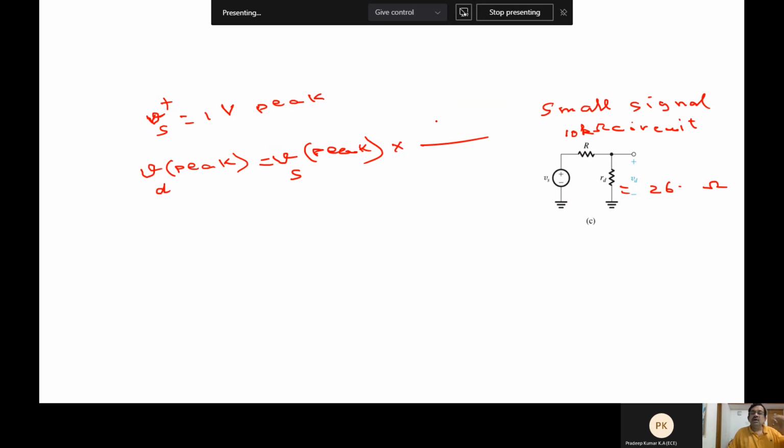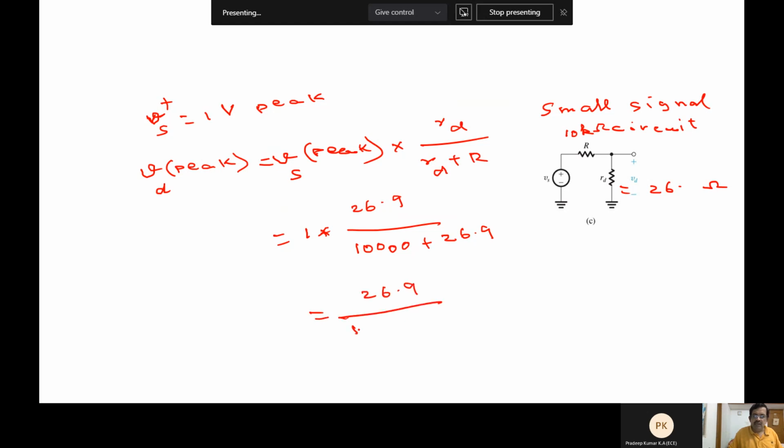So we'll get rd by rd plus R. You substitute directly over here, you will get 1 volt into 26.9 ohms divided by this 10 kilo ohm, so it becomes 10,000 ohms plus 26.9. You will get 26.9 divided by 10,026.9. And what is the answer here? You will get typically 2.68 millivolt.